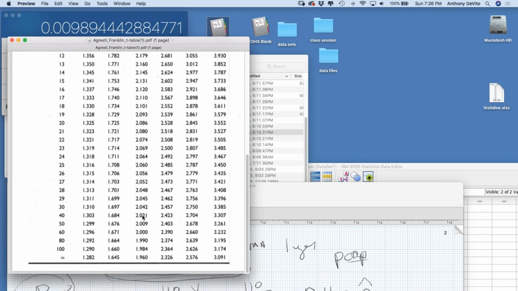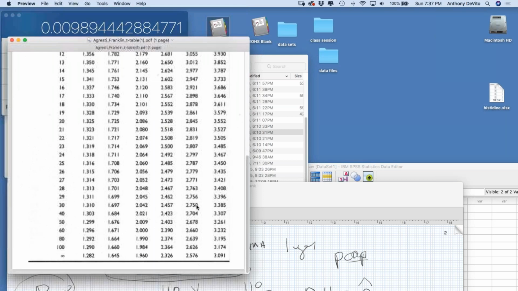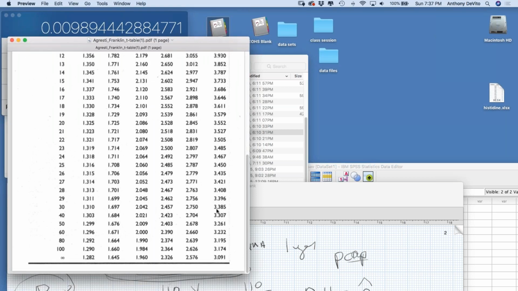You could either take the more conservative number, which is 2.04, or you can interpolate between the two of them. Since 35 is right in the middle, we could average these two and use 2.03 instead of 2.04. But if we wanted a 99% confidence interval, we would use this column instead, which would give us a value of around 2.72, in between these two.